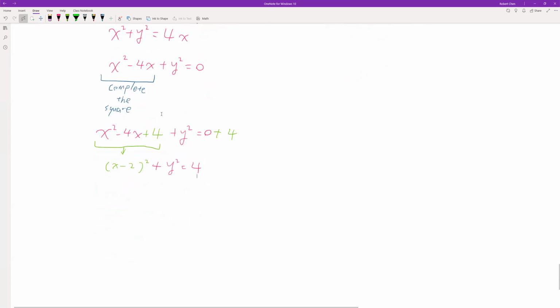Now when we have this equation, we can easily tell what this is, right? It's a circle. (x minus a) squared plus y squared is equal to r squared, right? So it's a circle with radius equal to 2 and center at (2, 0). And that's much nicer, right?